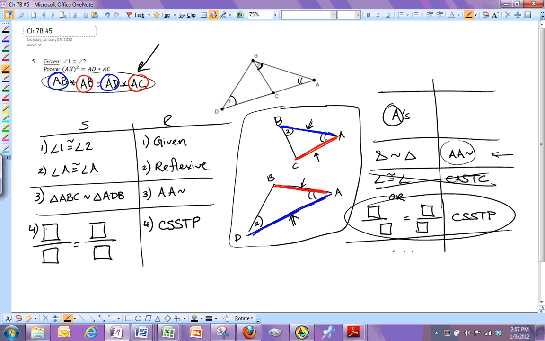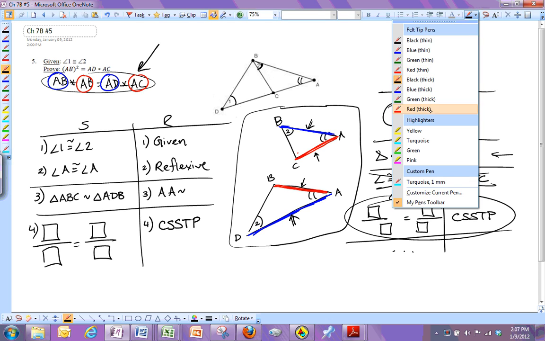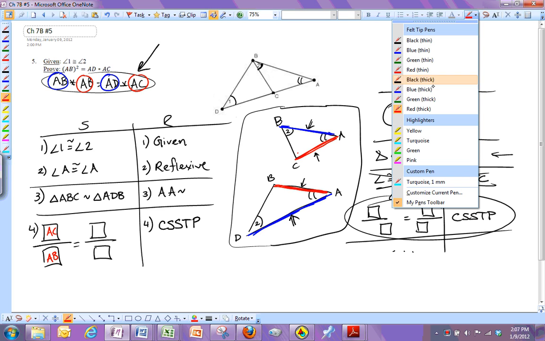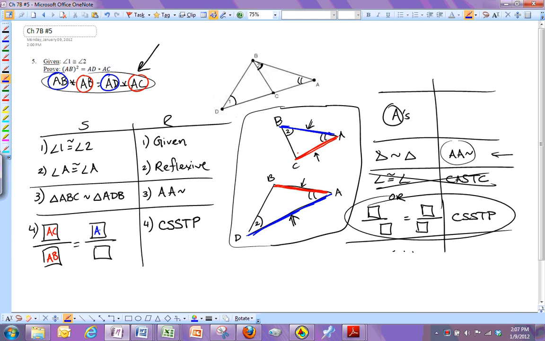So that's going to be AC over AB. So these are the red ones. In fact, I'll put them in red here. So in red, AC over AB equals, and then in blue, it's the blue AB over the blue AD.